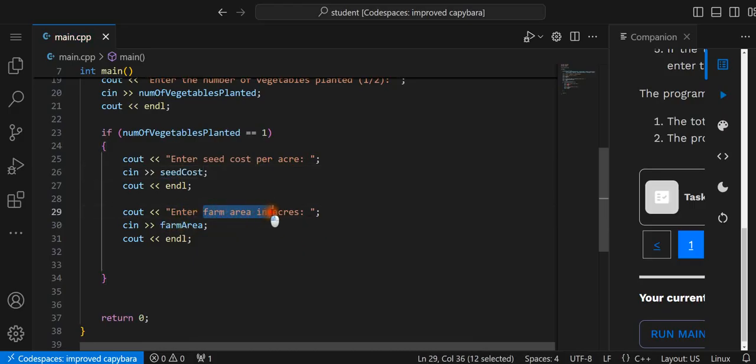Enter plantation cost per acre. Since we're dealing with cost, and this is going to be plantation costs.